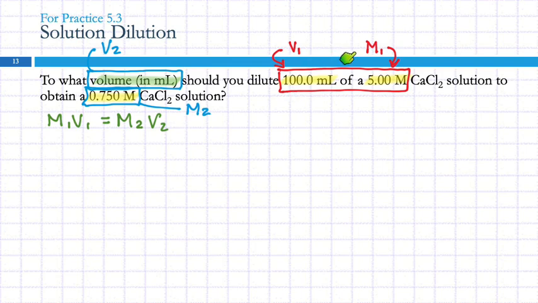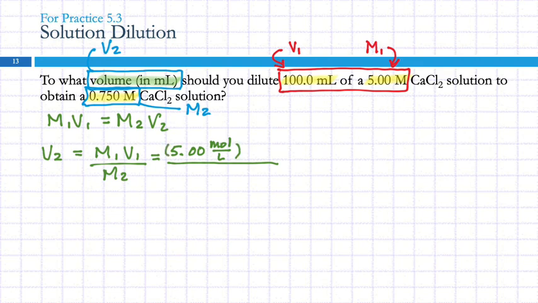It has 100 milliliters of 5 molar calcium chloride in it. So I'm searching for volume 2, so I can rearrange my equation here. Volume 2 is equal to M1 V1 divided by M2. And then we can put the numbers in. So molarity 1 was 5 moles per liter. And volume 1 is 100 milliliters.